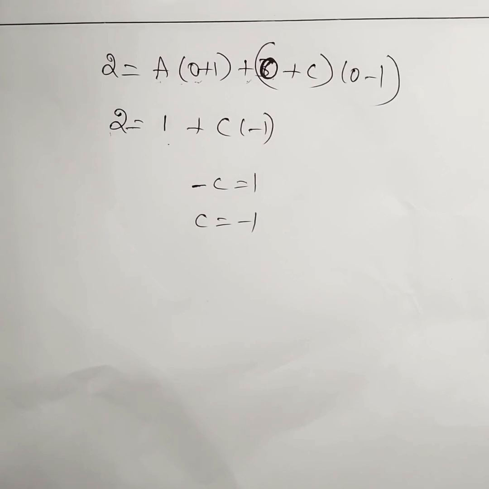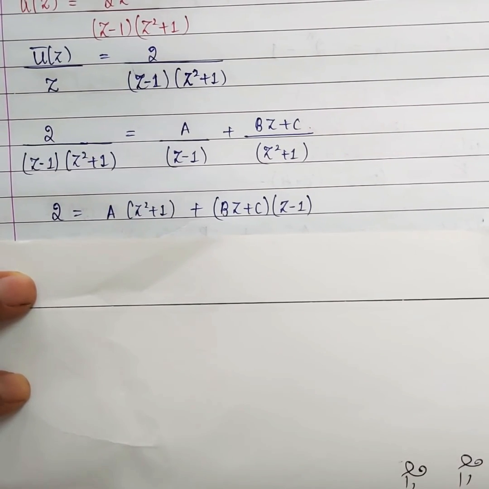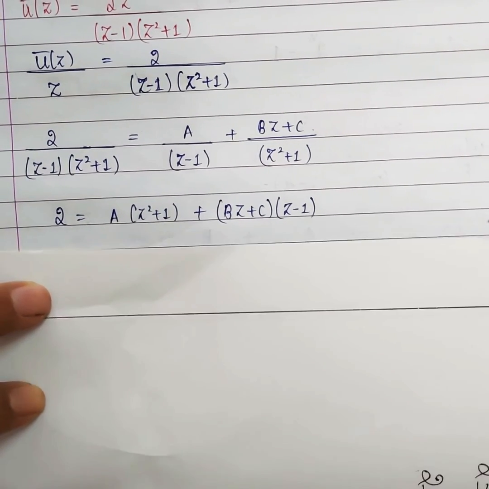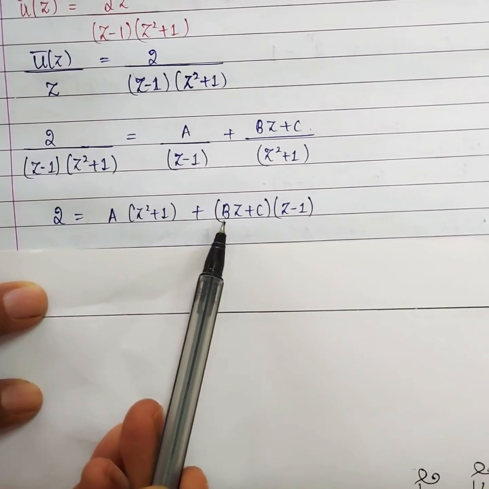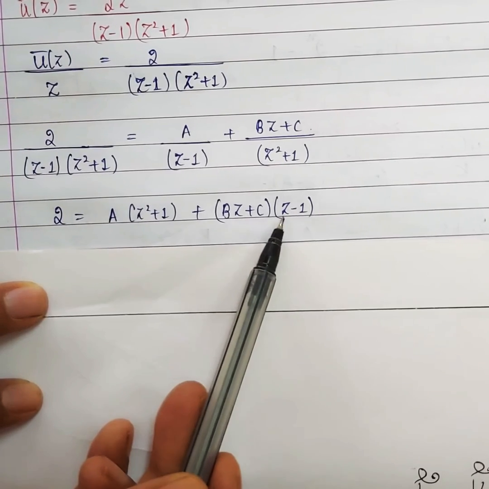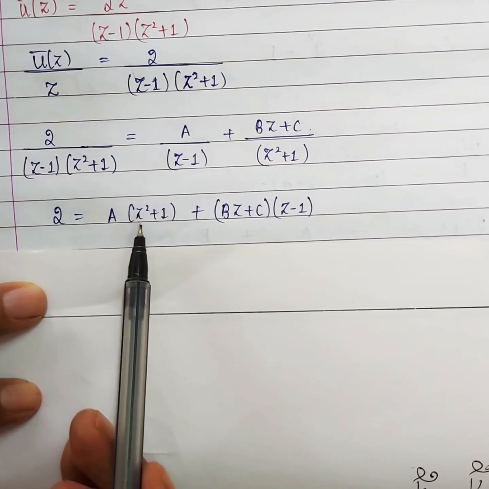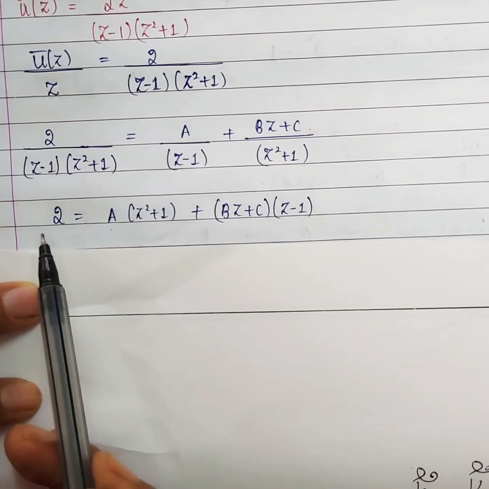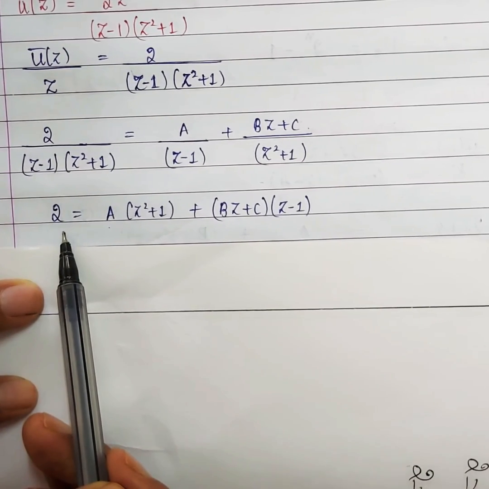Now we have to substitute another suitable value to find the missing value B, or is there any easy way? Look at the coefficient of z square. Here the coefficient of z square is A, here it is B, and on the other side it is 0, because this is a constant term, 2.